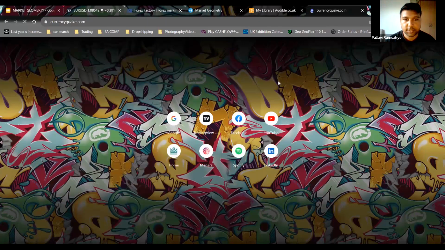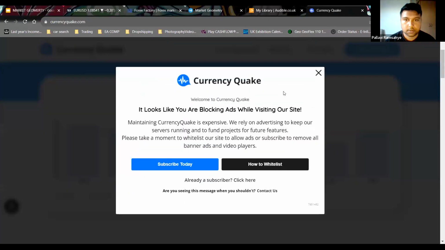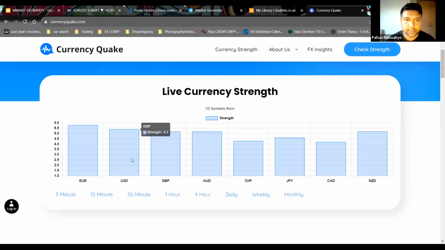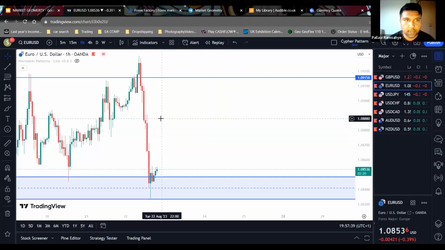So if we look at this currency strength meter, it's all based around currency strength. So if the US dollar goes down, and with BRICS being announced, if this loses power because it's being replaced by other countries, then it is going to have a significant impact on the market.